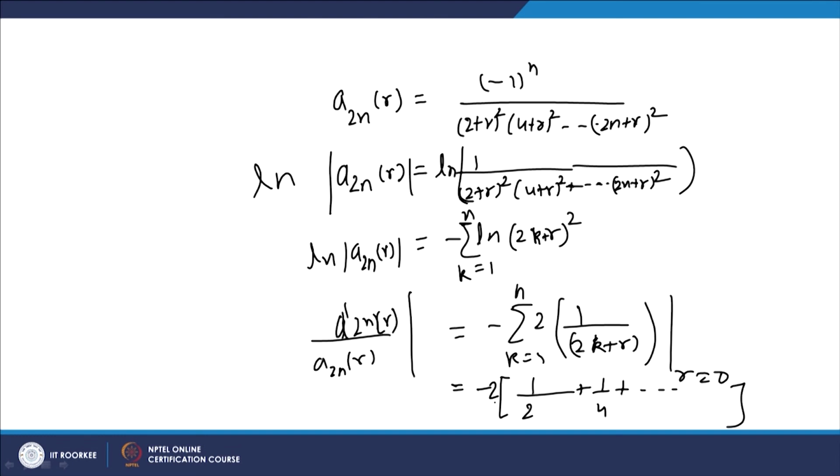So when you take 2 out, it is given as minus (1 plus 1 by 2 plus 1 by 3, and the last is 1 by n). So here we can get this as a'_2n(0) divided by a_2n(0), like this, and this we denote as Hn. So that we are going to write it like this.